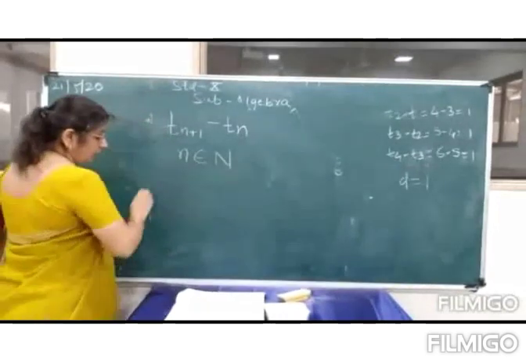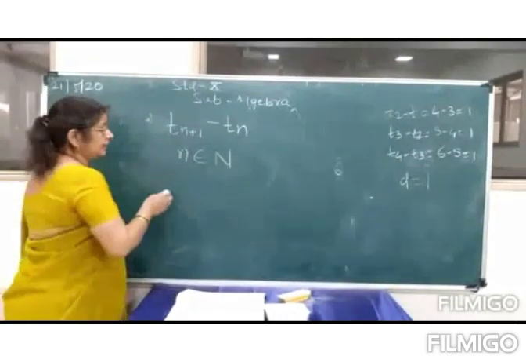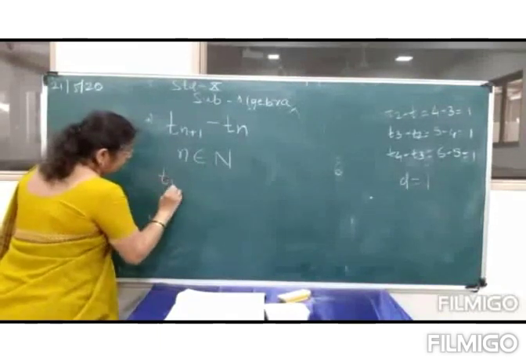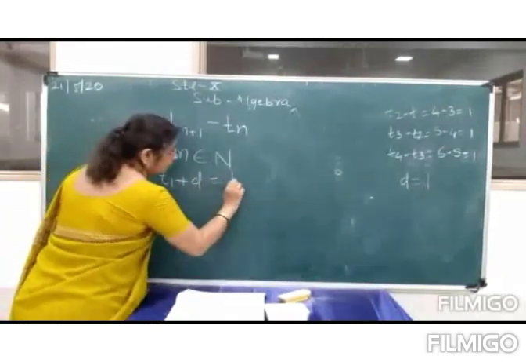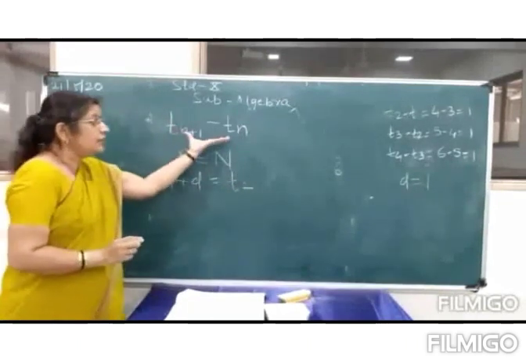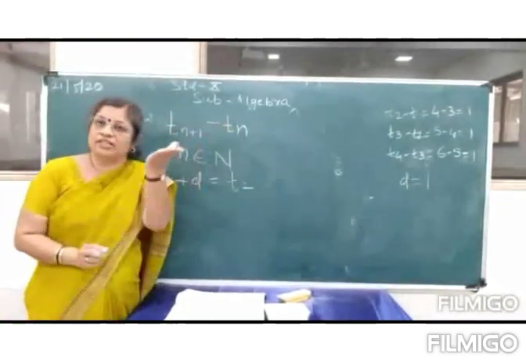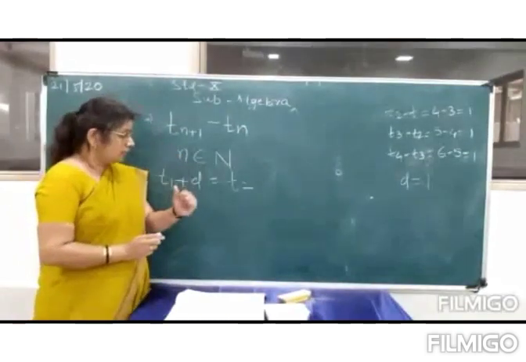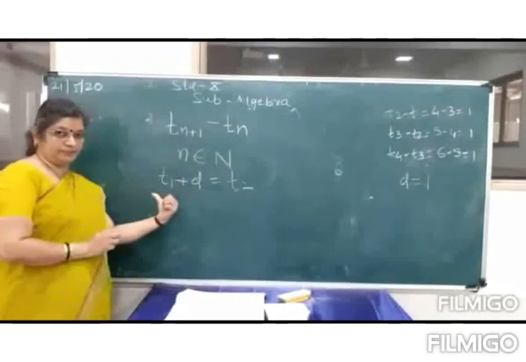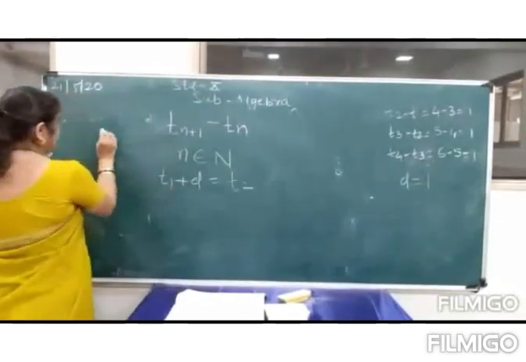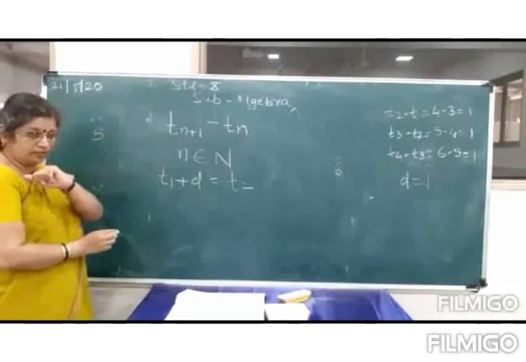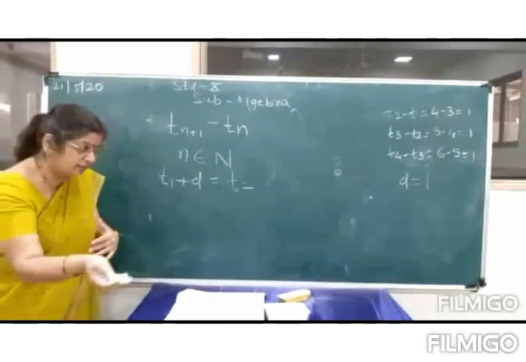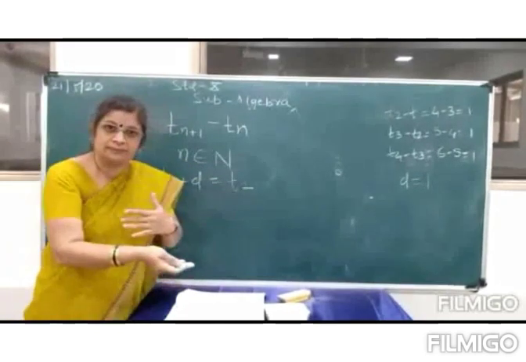Then what we can see is that in an AP, T1 plus D is equal to T2. Now here what we have seen, the difference between the 2 consecutive terms, that is the value of D. Now if you know the first term, for example, like 5 in the same example, and if you know the common difference, you can find out the next term.